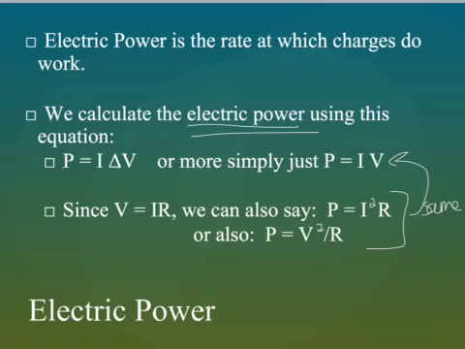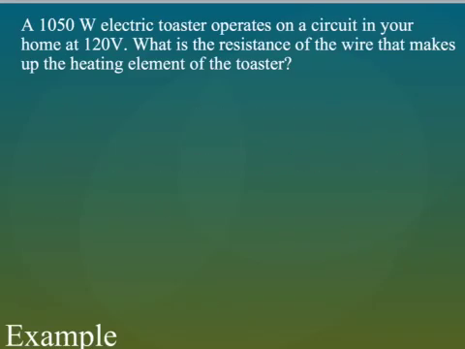Let's go ahead and look at a quick example of this. We have a 1050 watt electric toaster, and it operates on a circuit in your home at 120 volts. What is the resistance of the wire that makes up the heating element of the toaster? So what heats the toaster up? We need to think about the things that we know.